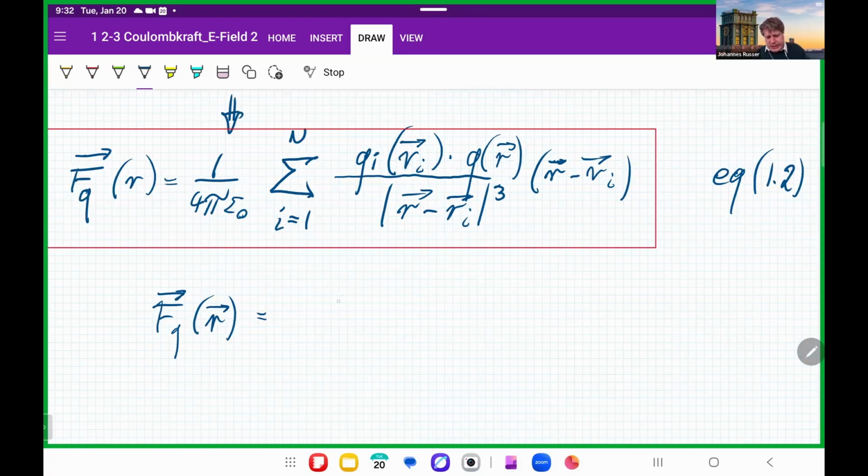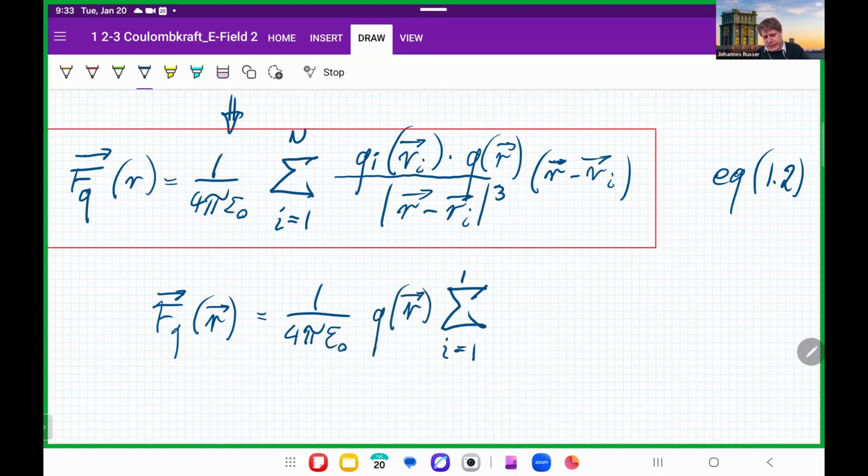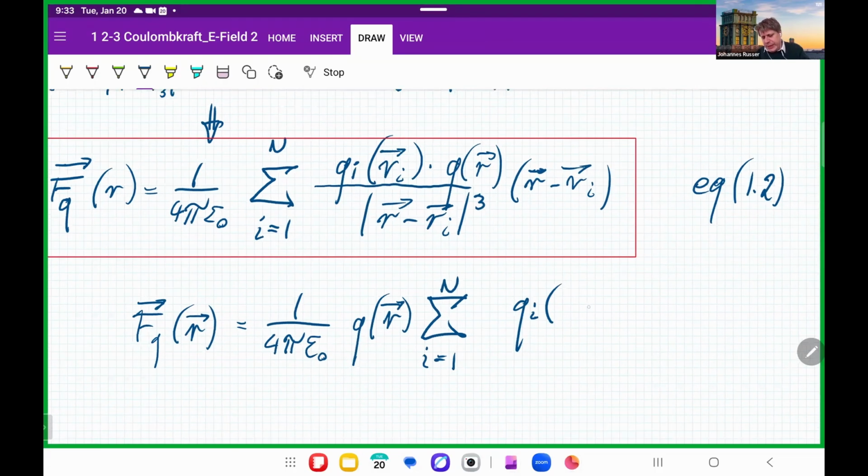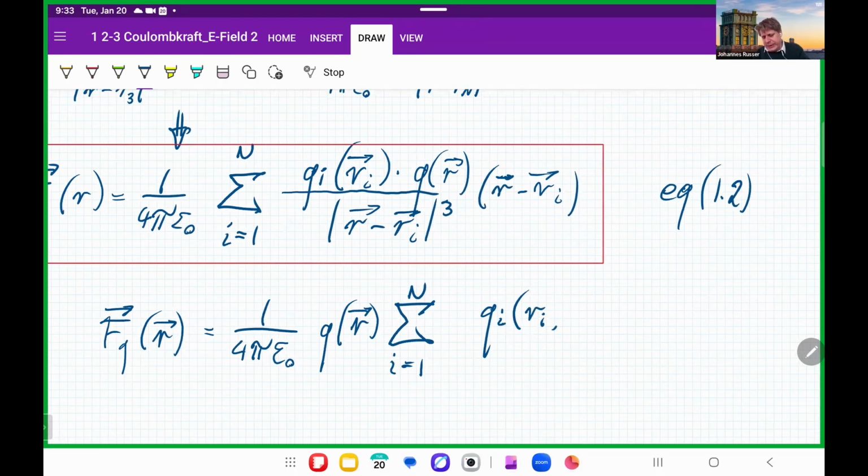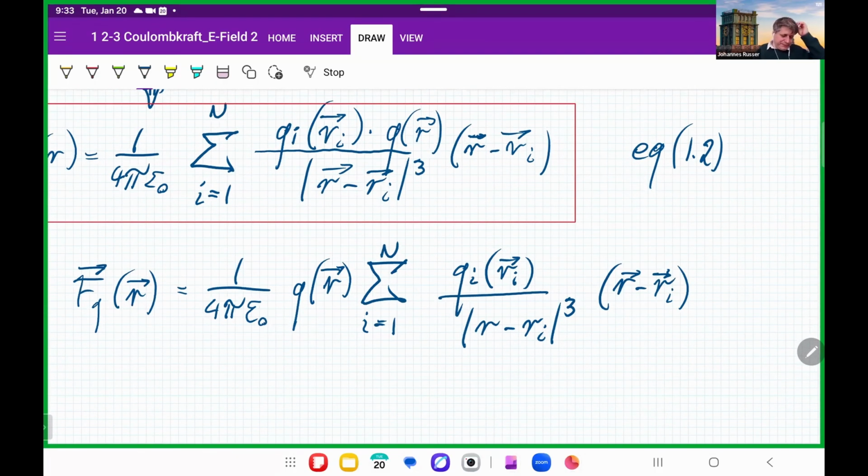You can write 1 over 4 pi epsilon naught, pull Q out of the summation, and then have the remaining factors, the contributions of Qi and Ri. So slightly more compact.